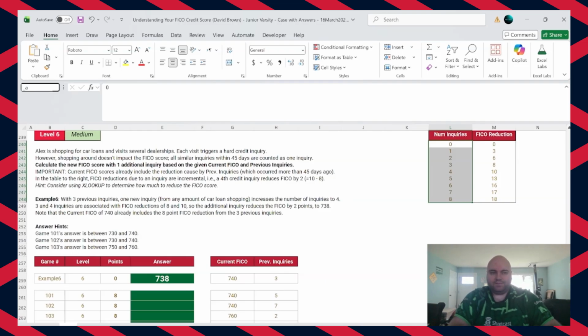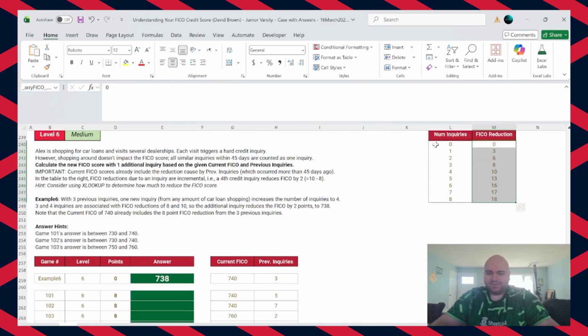I like to start my arrays with ARRY, and this is just going to be inquiry. And the way we do a named range for the FICO reduction is the same way. So underscore ARRY, we'll call this FICO underscore reduct. Your names can be better. I'm just throwing out whatever works here.